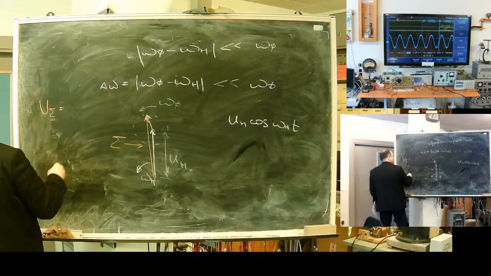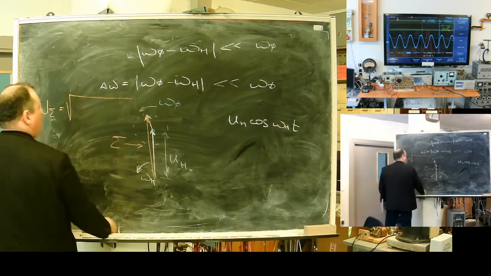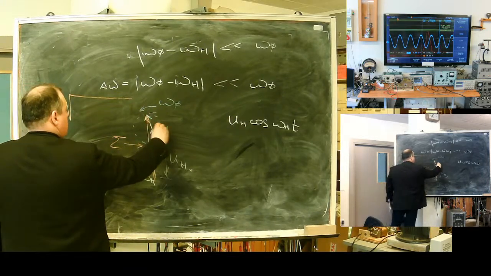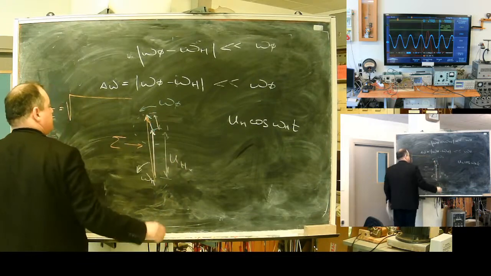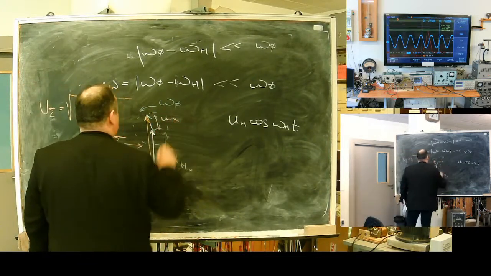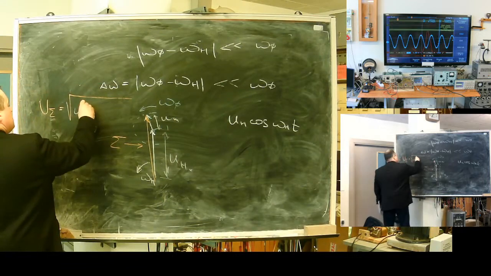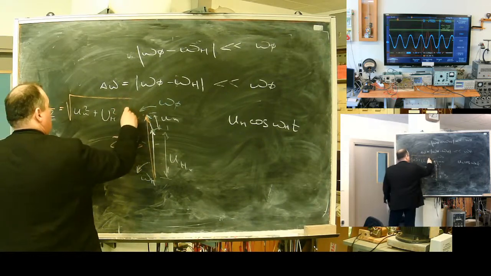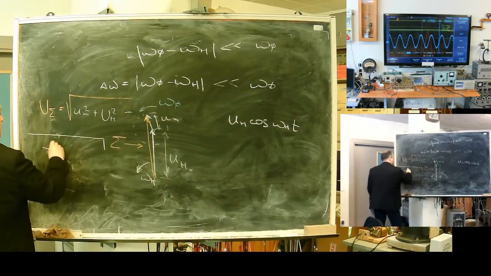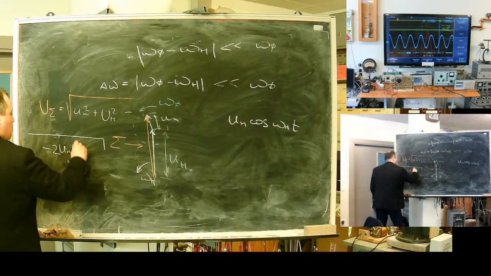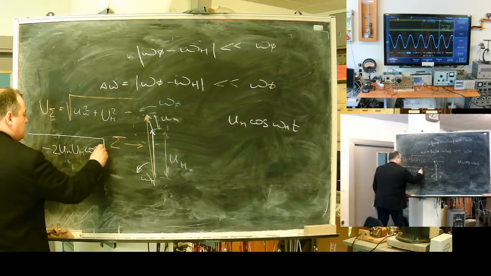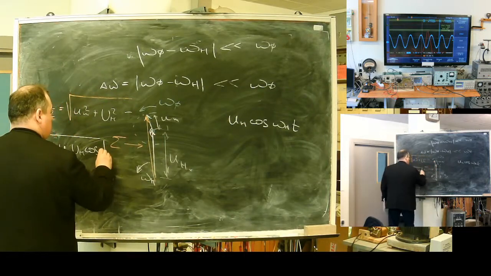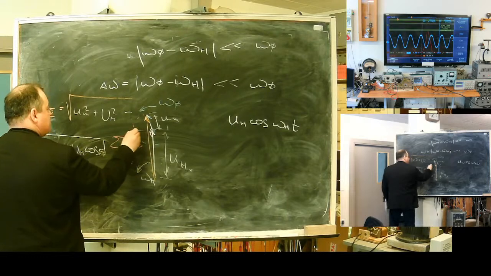The summary can be written as a square root of this one, at this moment is OM, so OM squared plus OH squared and minus double OM times OH cosine of theta, cosine of this angle.